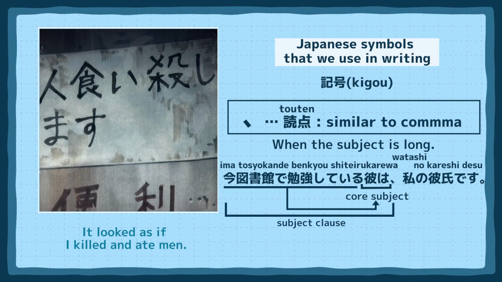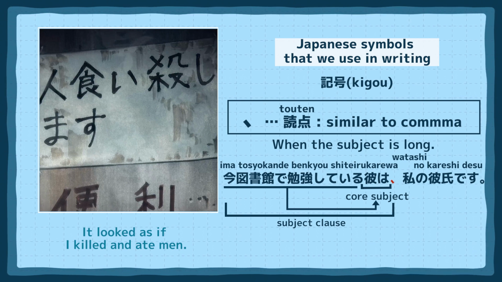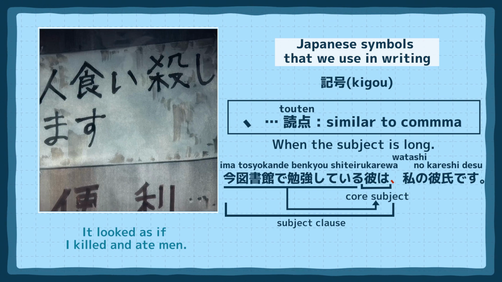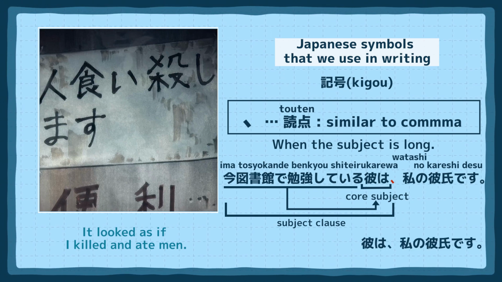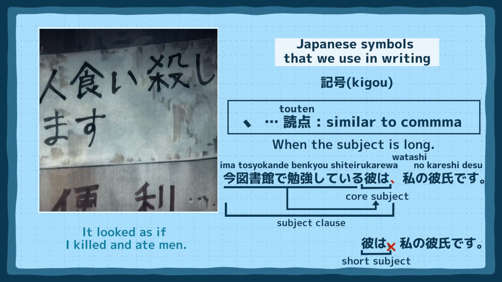So the subject is not that short. If you use the touten, the subject of this line is clearer. If the sentence is only 彼は私の彼氏です, he's my boyfriend, in this case it's not necessary to use the touten.